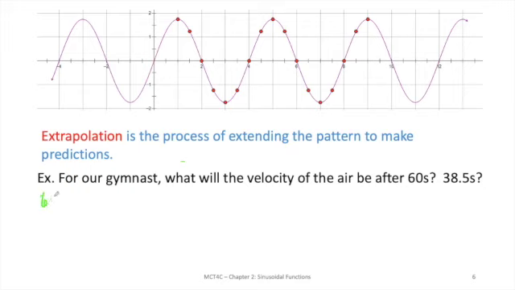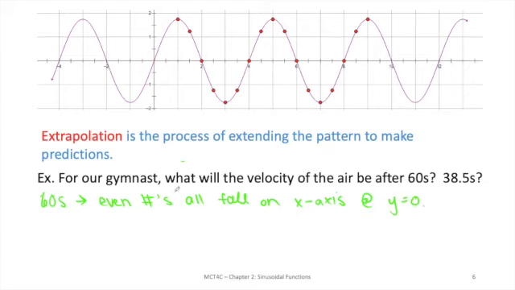Okay, so let's look at 60 seconds first. And this one is quite easy if you can recognize the pattern of where 60 seconds is going to be, an even number, correct? Okay, where are all the even numbers? 0, 2, 4, 6, 8, 10, 12. They all fall on the x-axis at y is equal to 0.